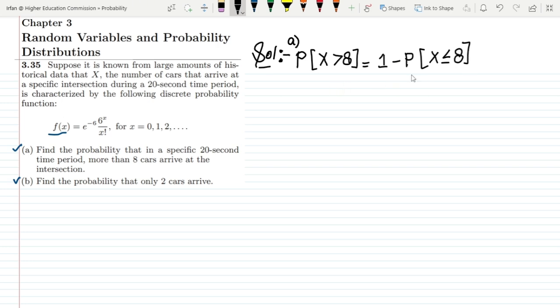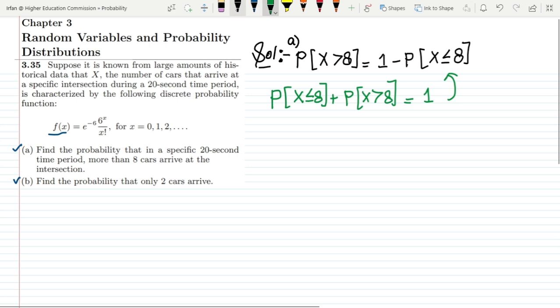Okay, so how can I find it out? In the context of probability, we know that the probability that x is less than or equal to 8 plus the probability that x is greater than 8, this is the overall probability, and according to the probability theorems it must be equal to 1. Okay, so the summation of all the probabilities must give us 1.